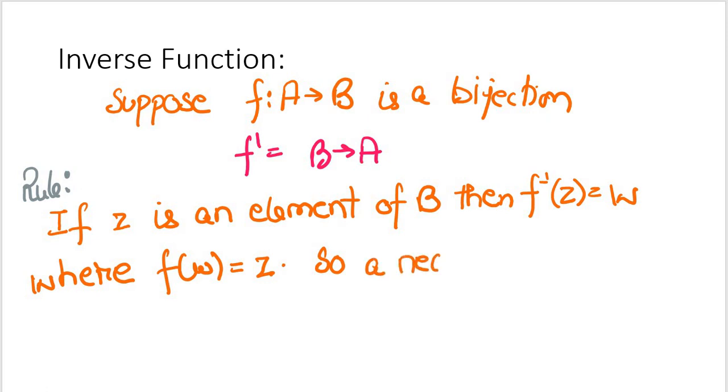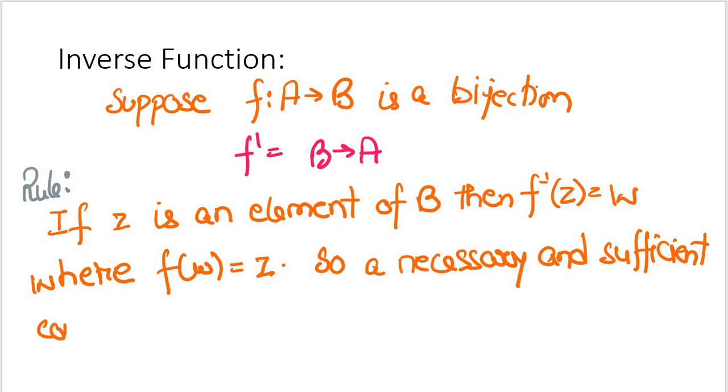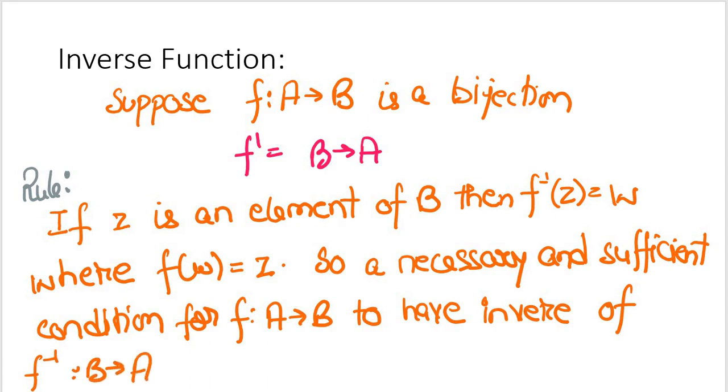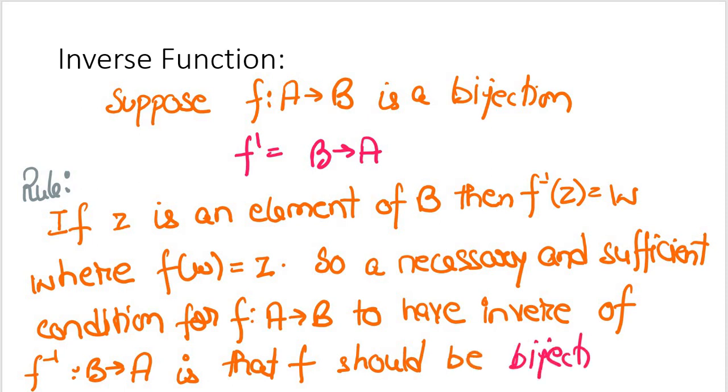So a necessary and sufficient condition for f from A to B to have an inverse, f inverse from B to A, is that f should be your bijective function.